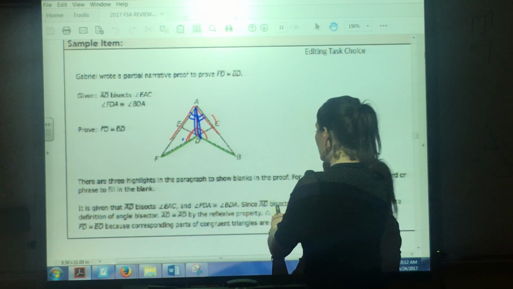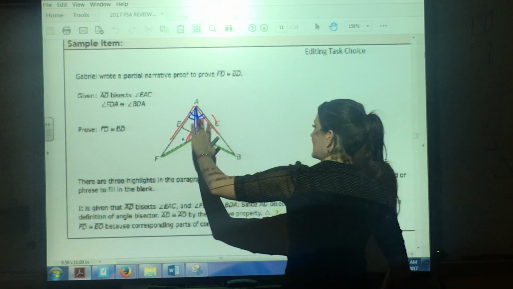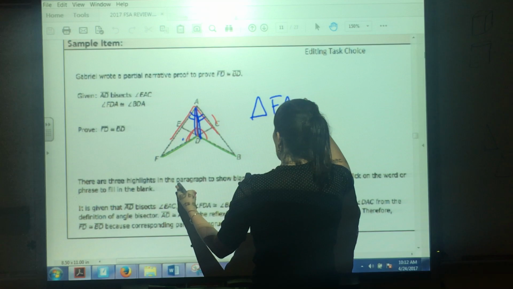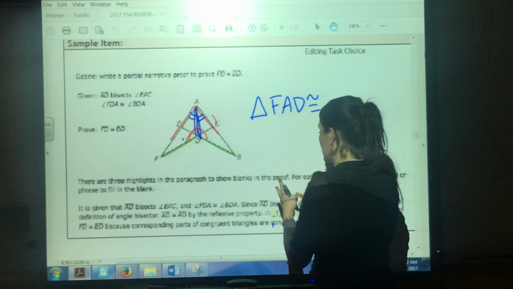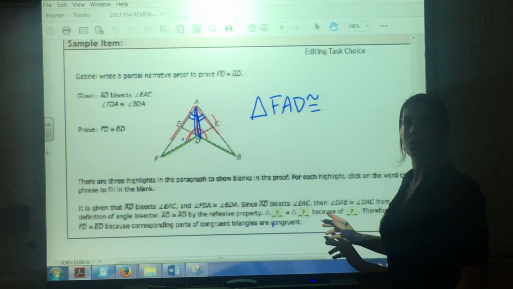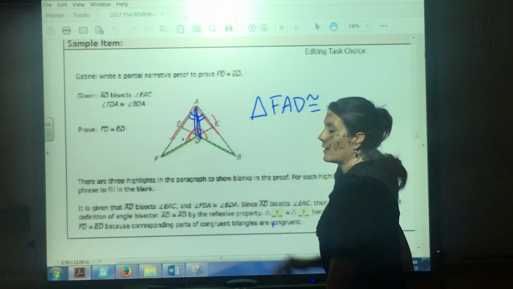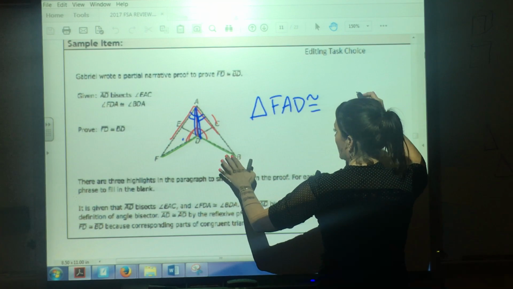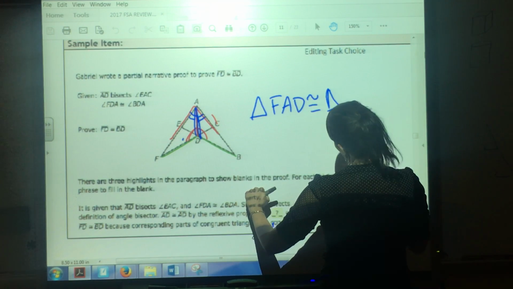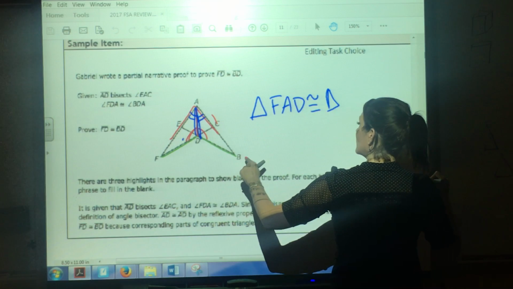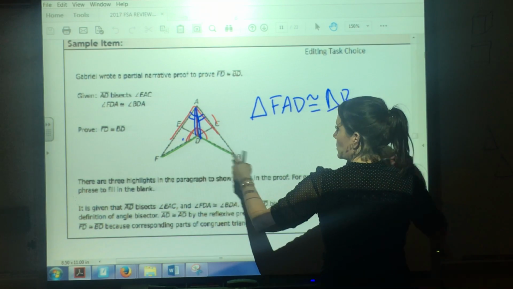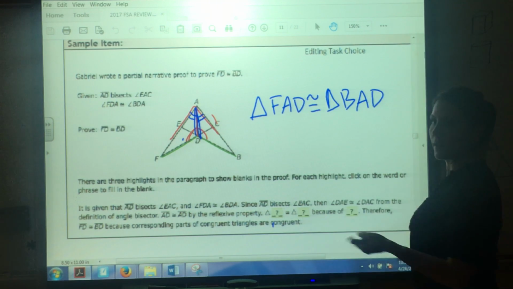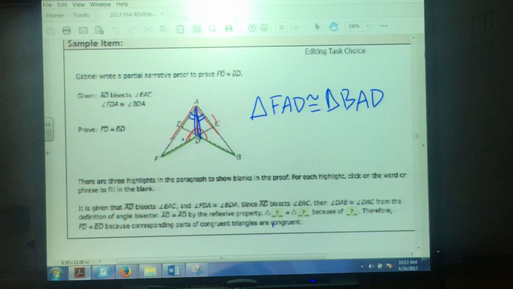When you do this drop down, however they name this one triangle, I'm just going to say FAD. Triangle FAD is congruent to, and how you name this one really matters. If I started with F here, what do I need to start with on this triangle? D. If I started with F on this one, I have to start with B on this one, because those are the angles that are congruent. A, D. There you go. Why?